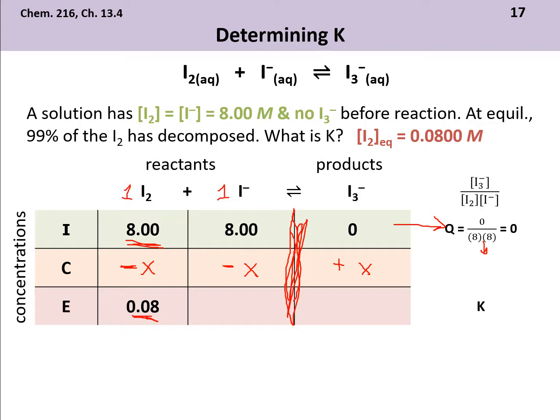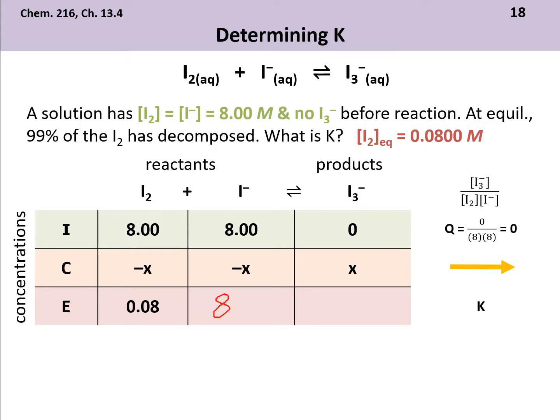All right, so let's review. I start off with my initial. I figured out my Q. I realized that I'm going to shift towards the right. So then I plug things in for my C. And now what do I do? Now I say, well, at equilibrium, I'm going to have 8 minus x.